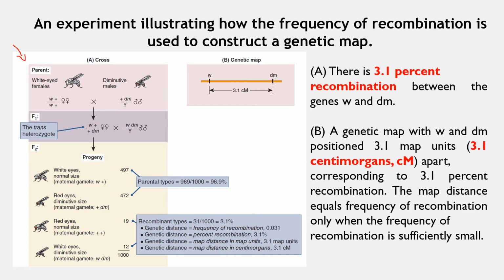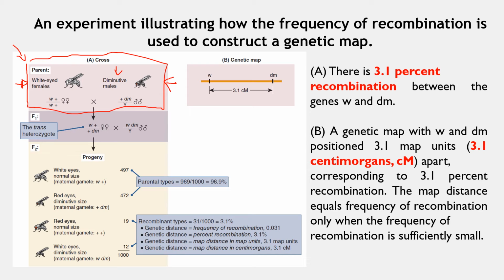Here, to understand this question, you need to know that these are the parents. And if you see here, they cross a female that has white eyes and a male that is a mutant called diminutive, which makes the flies much smaller.